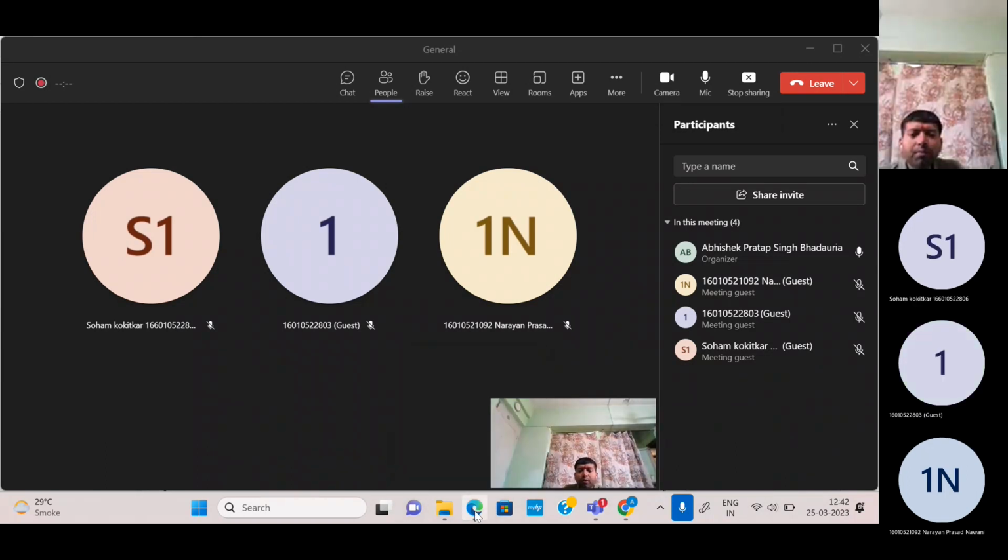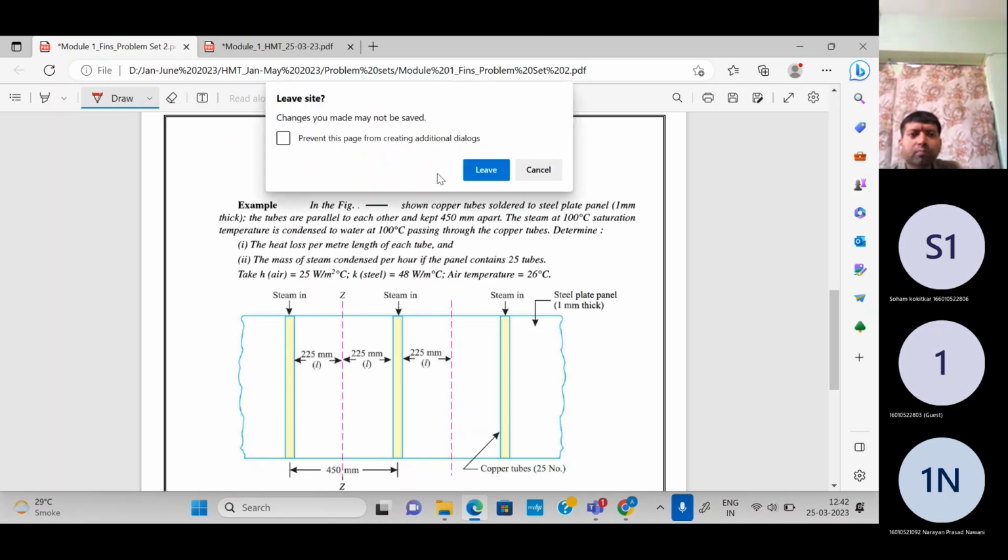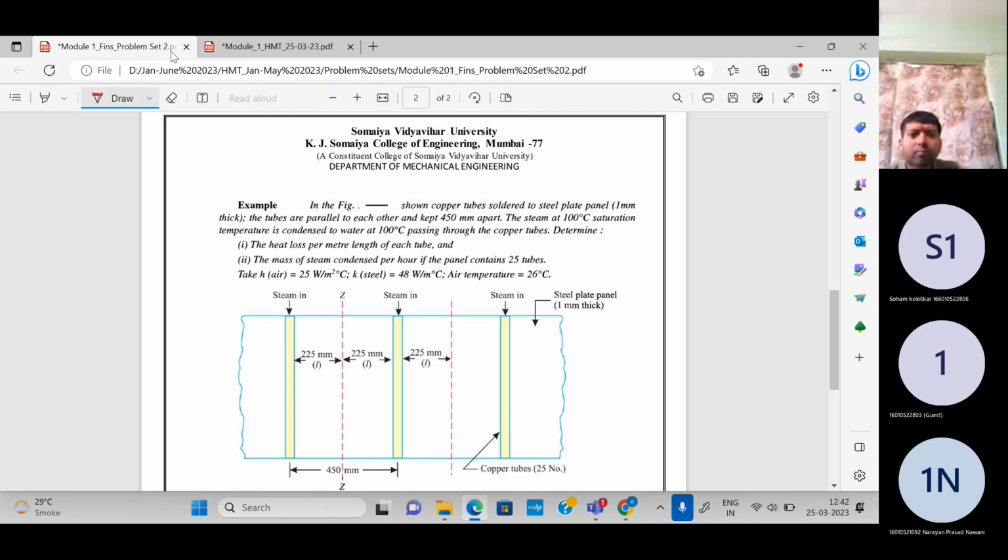Okay, so let's solve this problem. So you see this here in this problem. This is a steel plate where the copper tubes are soldered. Okay, the parallel copper tubes are soldered, and the distance between the two copper tubes is 450 mm.